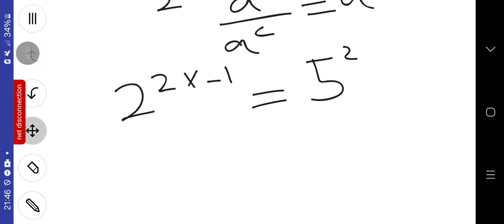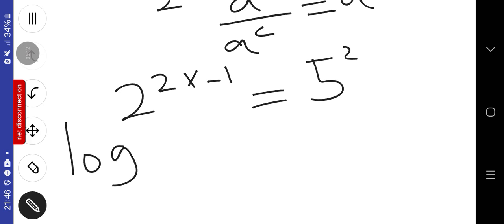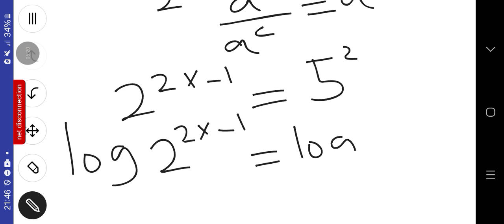In situations when we can't apply that rule, we use logarithm. So we say log of 2 exponent 2x minus 1 equals log of 5 squared, or 5 exponent 2.